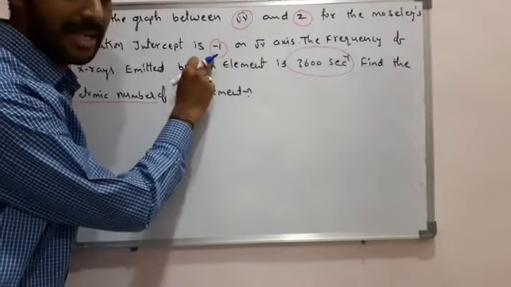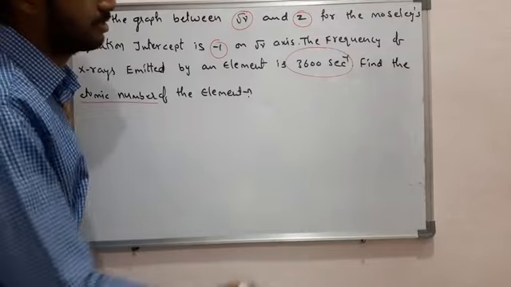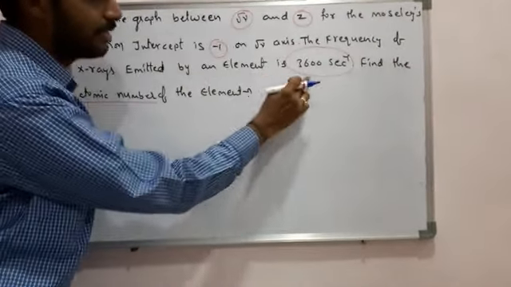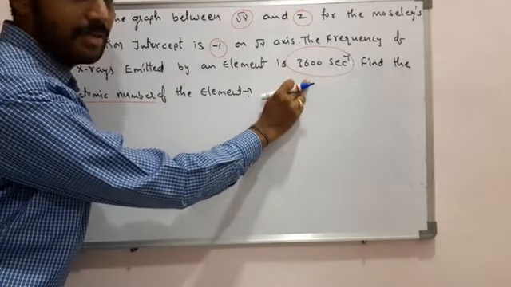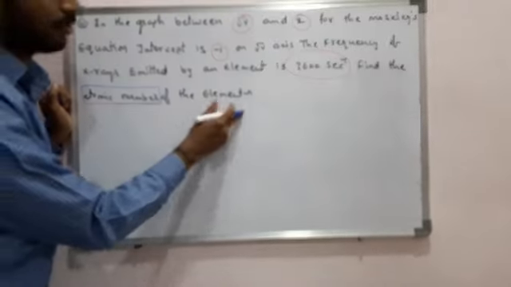The intercept is given as -1 on the root nu axis, that is always the y axis. The frequency of the X-rays emitted by that element is given as 600 second inverse. So we need to find the atomic number Z of that element.